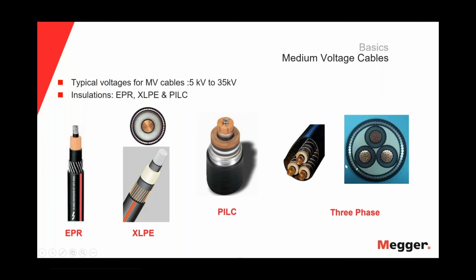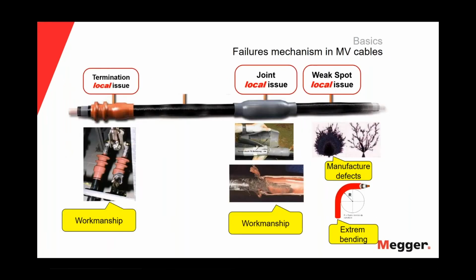Okay, so in terms of the failure mechanisms for medium voltage cables, we should distinguish between local issues and global issues. Local issues we will find mainly in terminations and splices, and typically will be workmanship problems, but also could be manufacturer defects as well. And basically, those are single points that are an area of weakness of the cable.